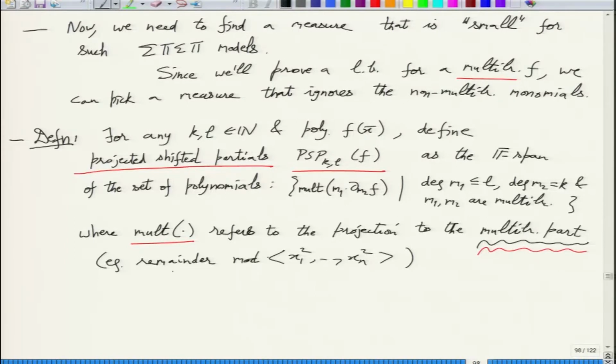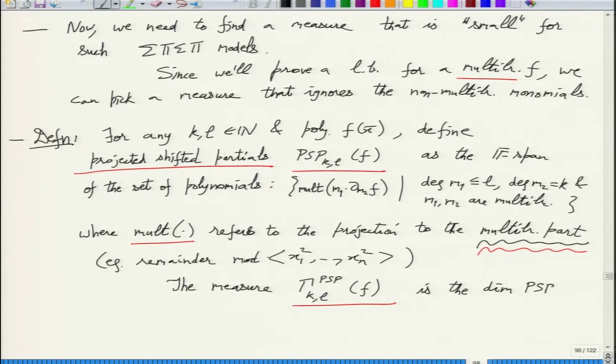So finally, the measure will be the dimension of this space. So the measure gamma, projected shifted partials with parameters K, L of a polynomial f, right, this gamma measure is the dimension of the PSP KLF space over the base field F, the dimension of this vector space.